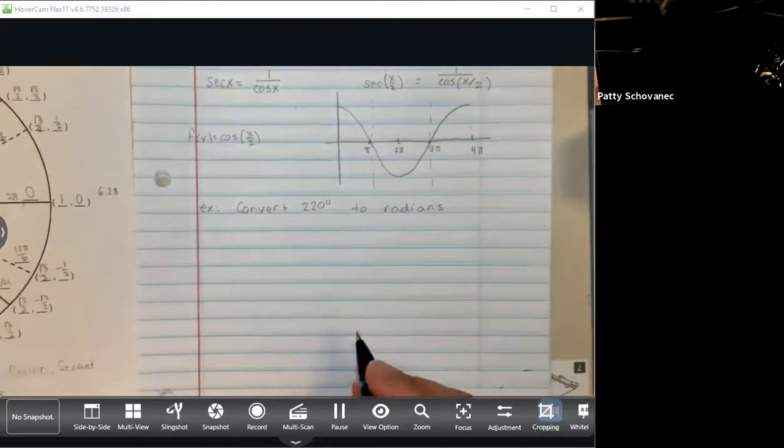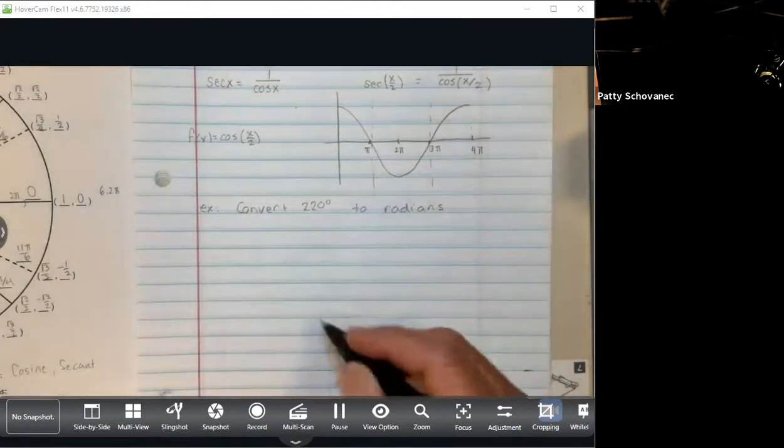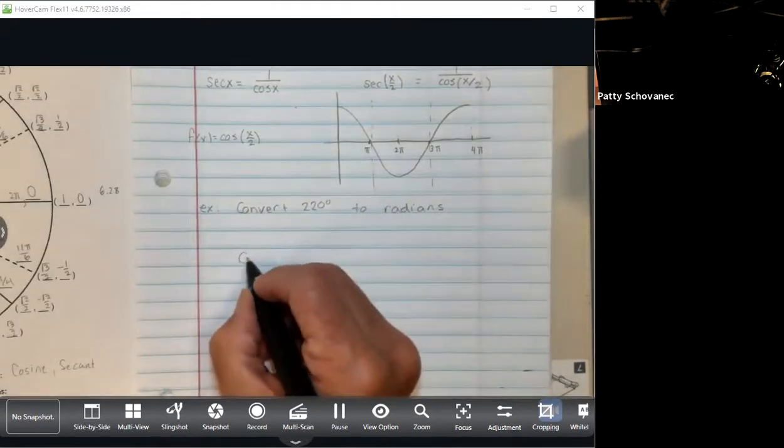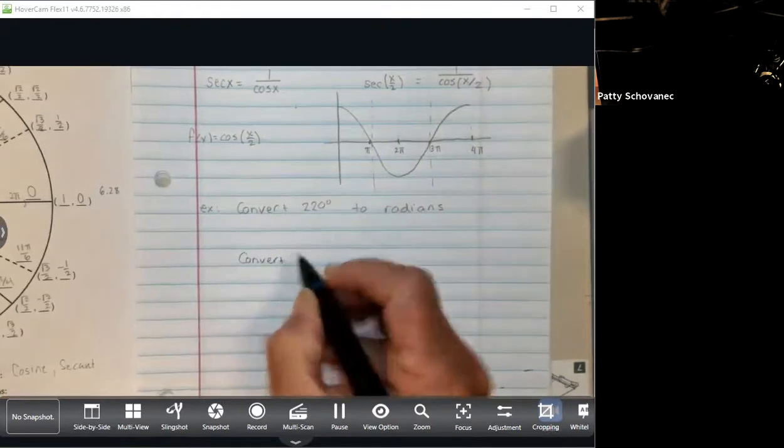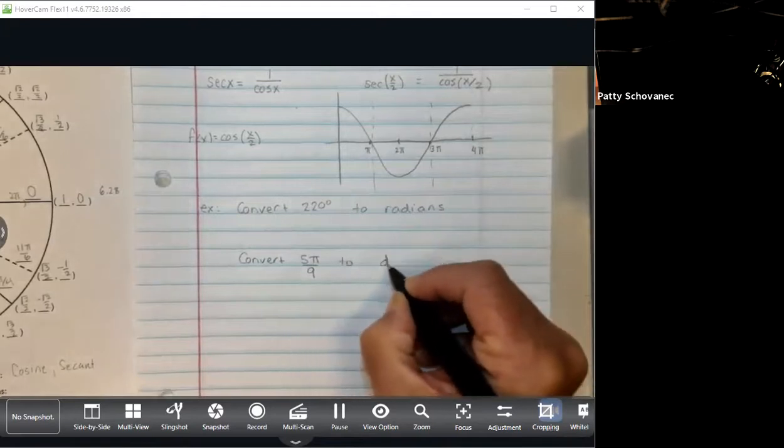And then convert 5 pi over 9 to degrees.